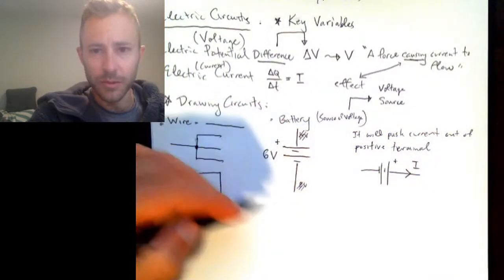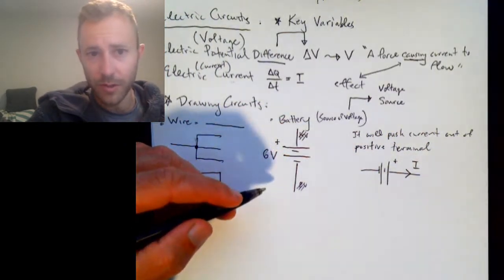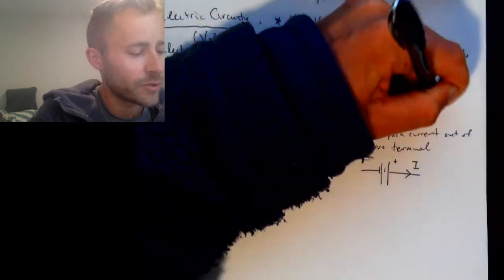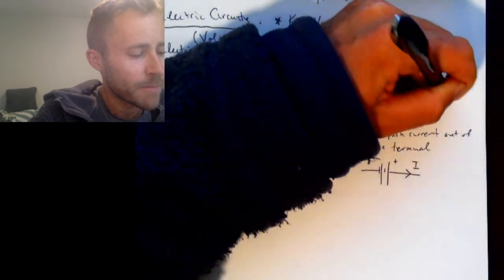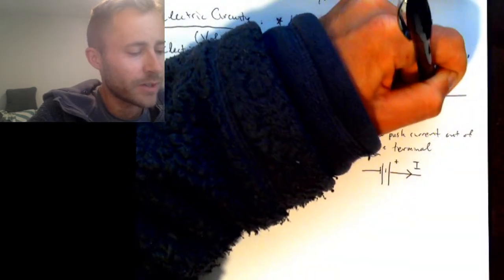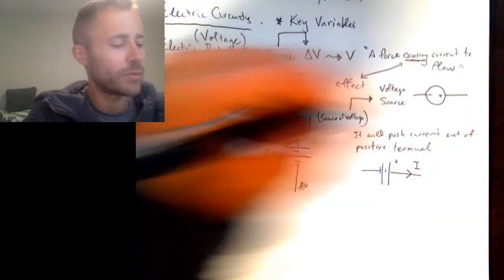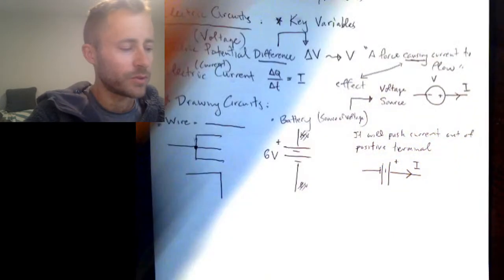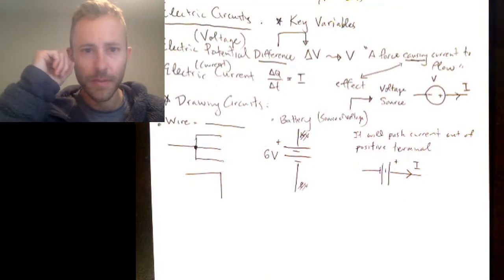So this is the symbol specific to a battery, but you can have other voltage sources. And the symbol for that is just a circle with a positive on one side and a negative on the other side. So again, this would push current out the positive terminal. And you would write how much voltage it provides next to it.